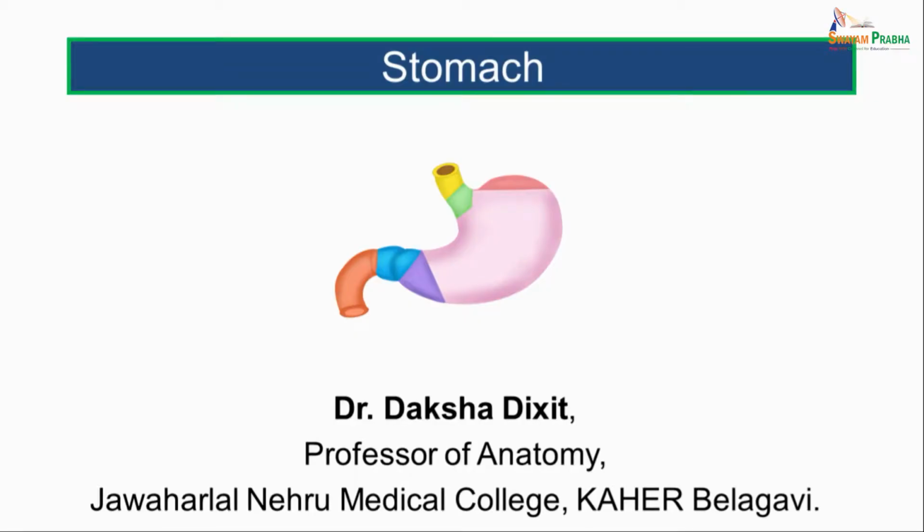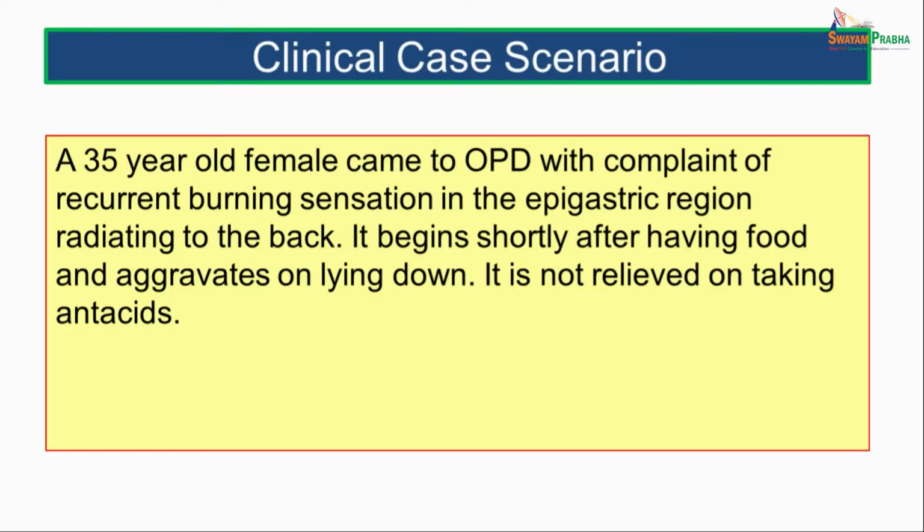Before we go on to actually study the gross anatomy, let me ask you to go through a clinical case scenario. A 35-year-old female came to OPD with complaint of recurrent burning sensation in the epigastric region radiating to the back.